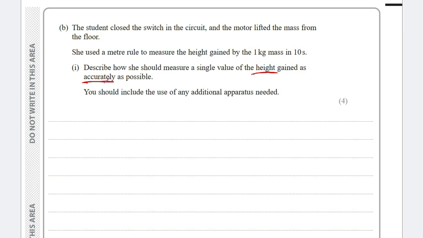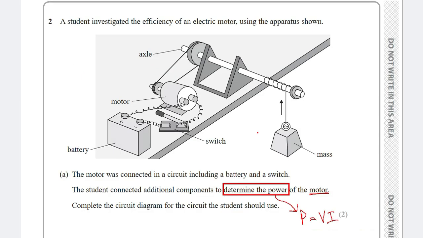So if you go back in the diagram and see what height they're asking you to find out. So this is your diagram, and you have to find out the height that this mass rises, right? So this height is obviously a vertical distance. So you have to ensure that your meter rule is vertical as well. And what do we do to ensure your meter rule is vertical?